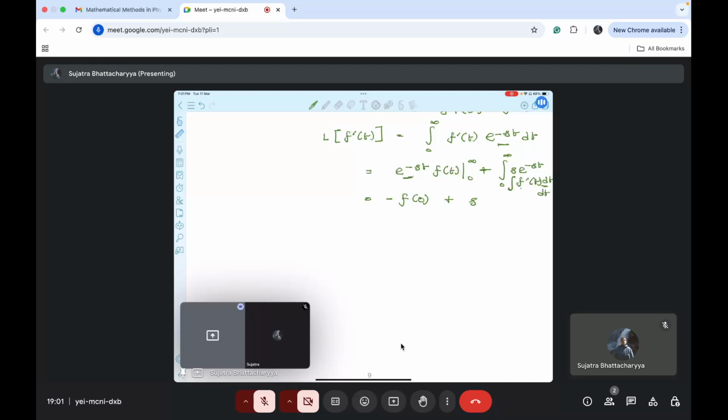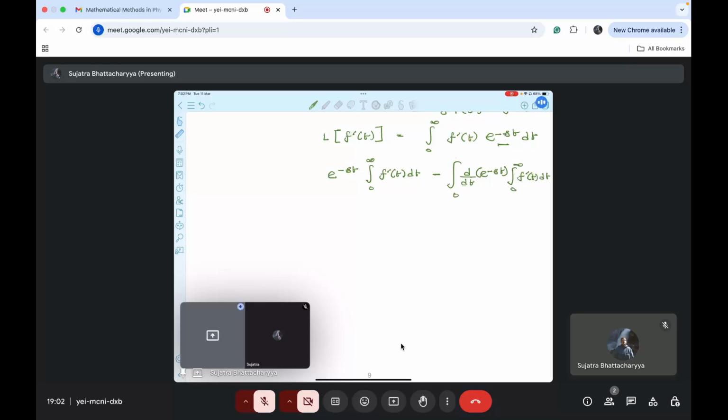So because by parts, let me again write it. It will be easier for you. So the by parts definition is that you first write e to the power minus st as it is. You have this f dash t dt from 0 to infinity minus you have d/dt of e to the power minus st integration f dash t dt from 0 to infinity.